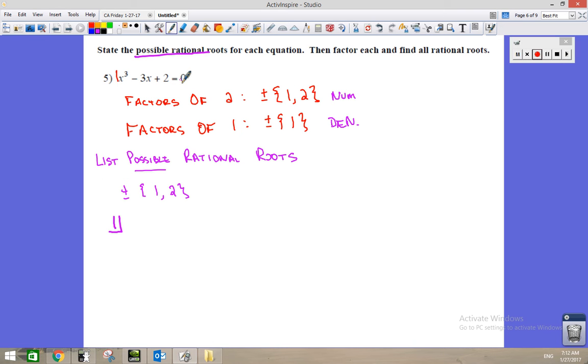Now, this is in standard form, but it's missing terms. It's missing an x squared. So I've got 1, and then I've got 0, and I've got negative 3 and 2. I'm expecting to get a 0 here because when I plugged in 1, I got a 0.